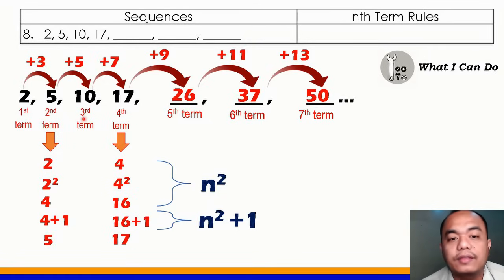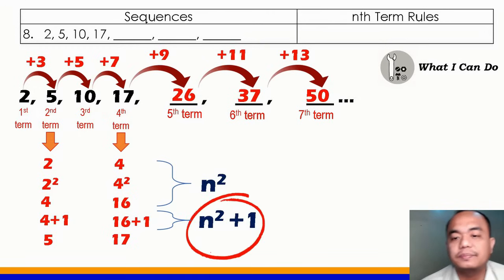This time, let's have the third term. Try lang natin. Yung third term natin is 3, di ba? Dapat makakuha tayo ng 10. So, let's try to replace n as 3. 3 times 3, because it is squared here, is 9 plus 1, 10. So, this is really our nth term, because we can find the third term here as 10.